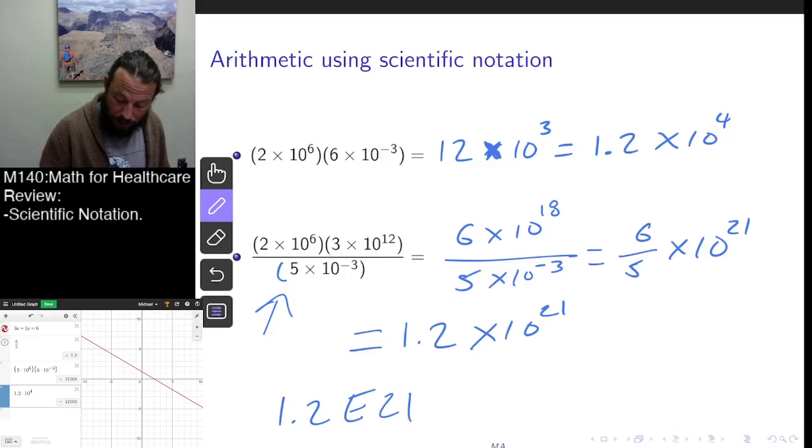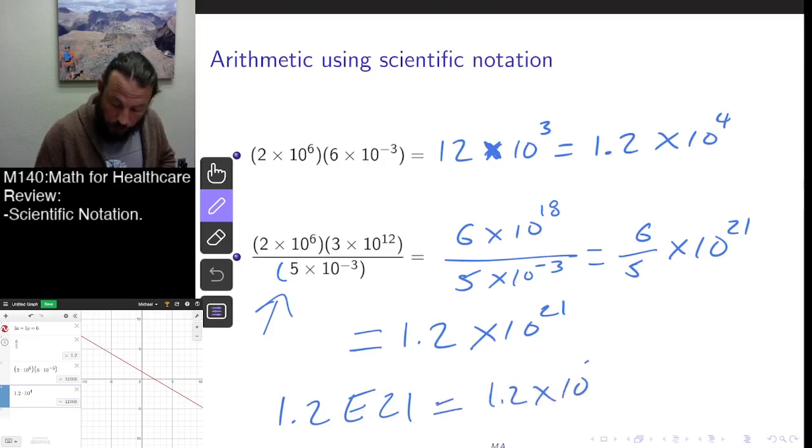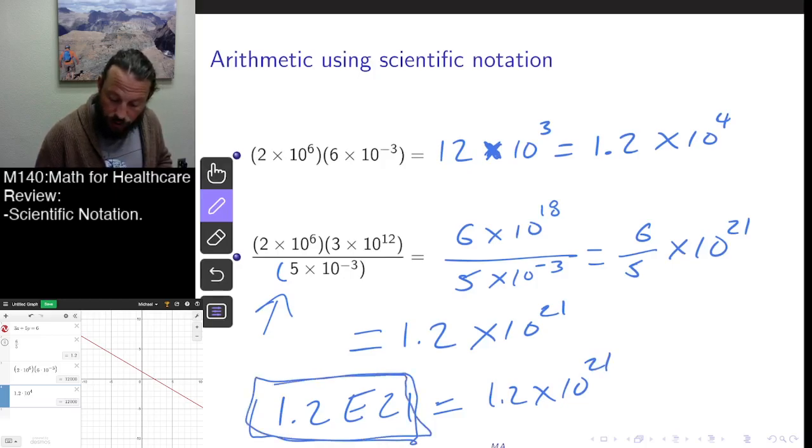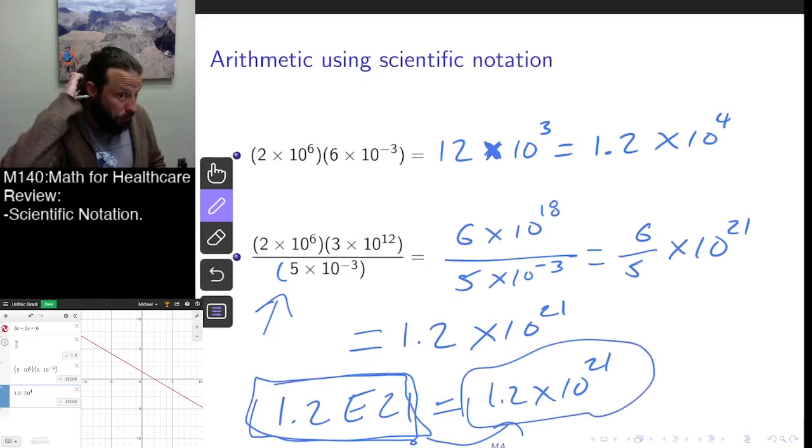That means, because in the calculator it's hard to have the numbers up in the exponent, really what that means is 1.2 times 10 to the 21. Now, please don't write this as your solution. I would like you to be able to see that that's what the calculator means when it spits that out.